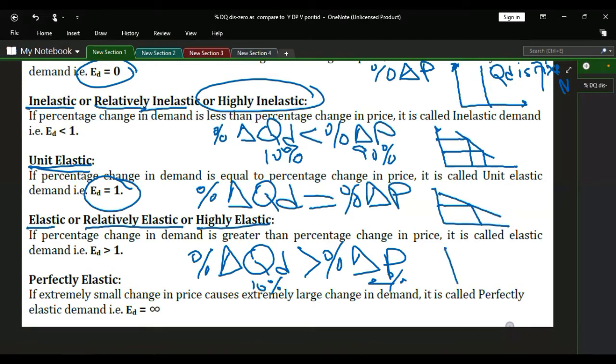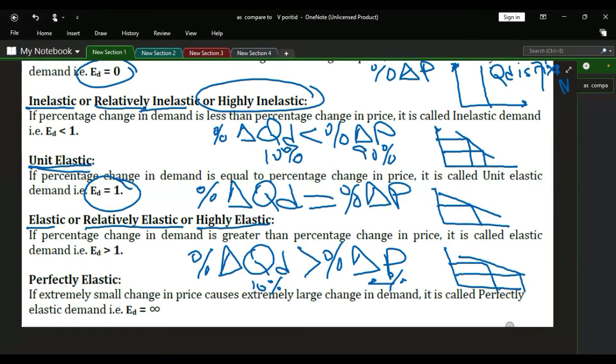So it is represented by a relatively skewed curve showing higher increase in the quantity as compared to prices.